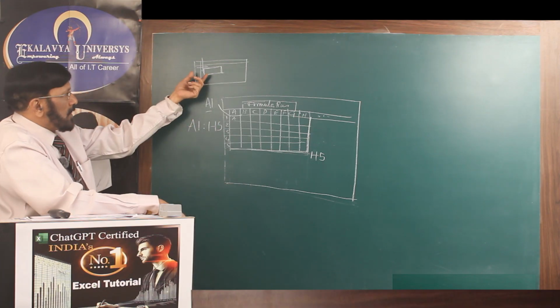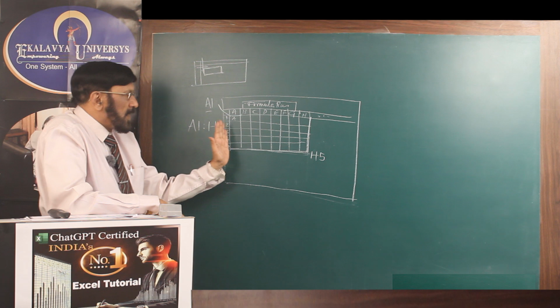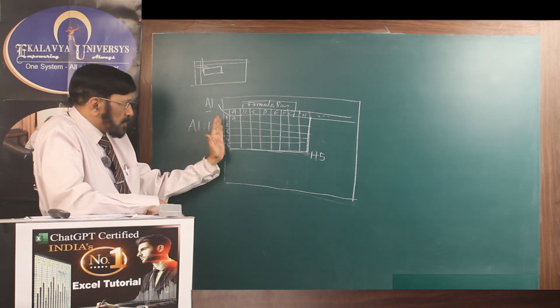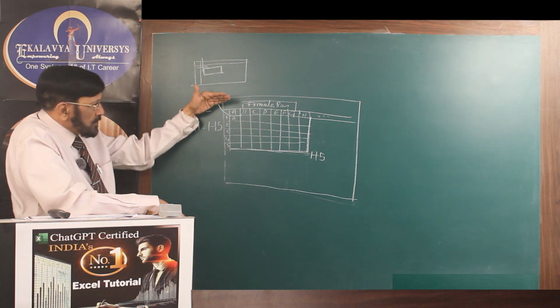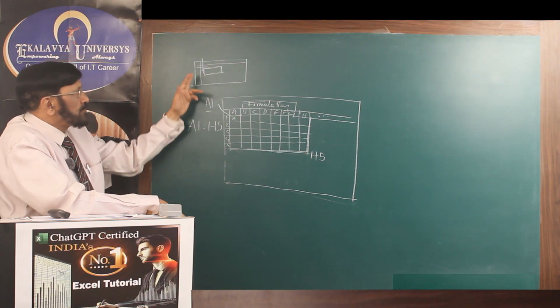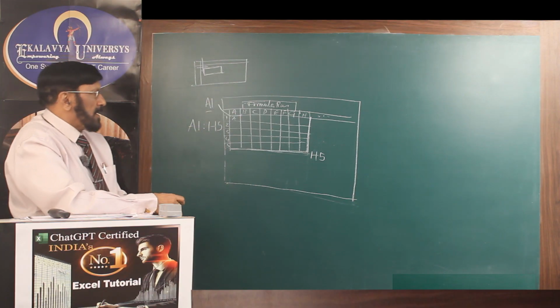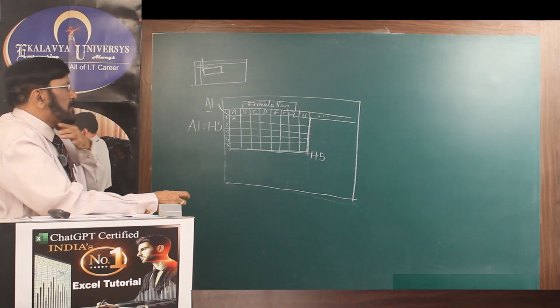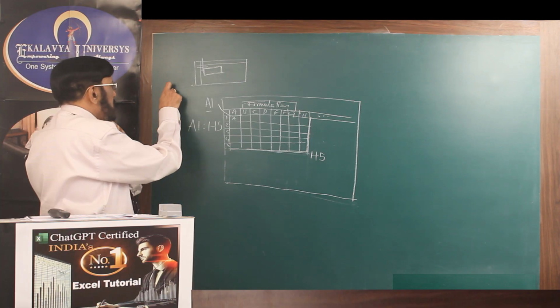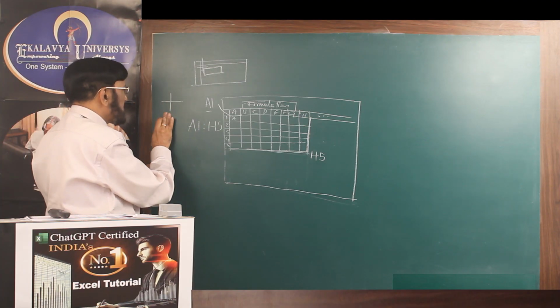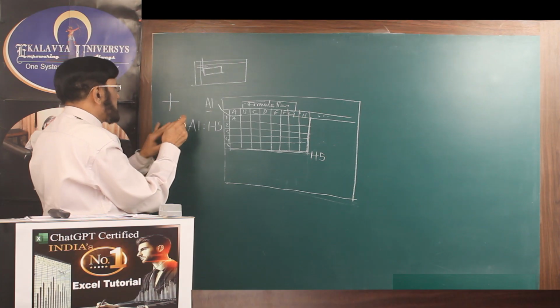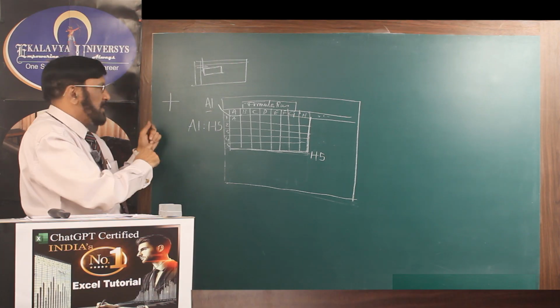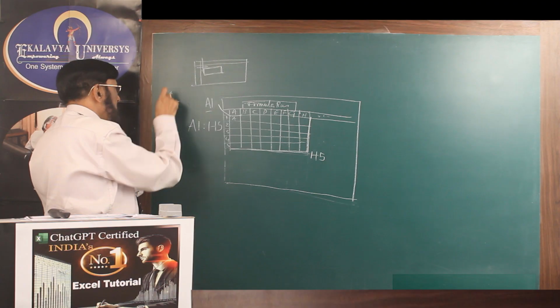Whenever you want to move this, one or two rows down, or one or two columns to that side, you can do that. For that, there is a simple technique that we have to follow. Here, many types of cursors are there. One of the cursors is like this, a plus with an arrow mark.